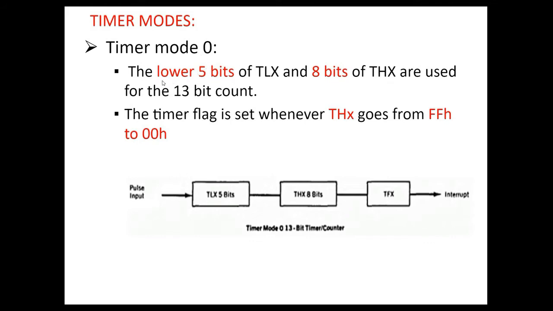Among the 13 bits, the lower 5 bits of TLX are used. TLX is referred to as the lower byte of the timer. So TLX and 8 bits of THX are used for the 13-bit count. The timer flag is set whenever THX goes from FFH to 00H.